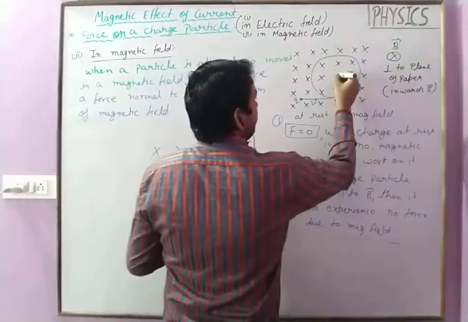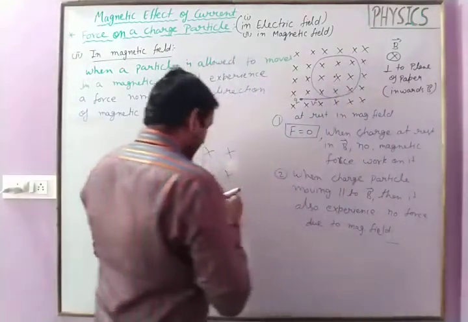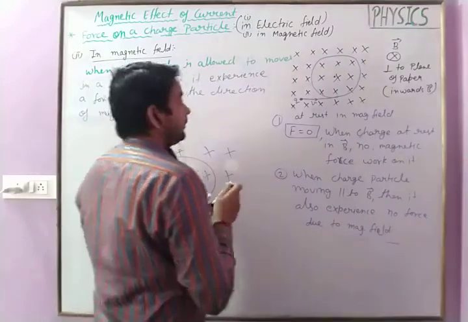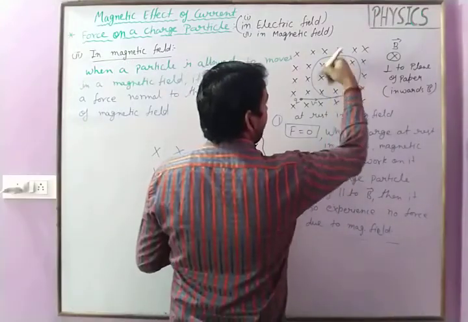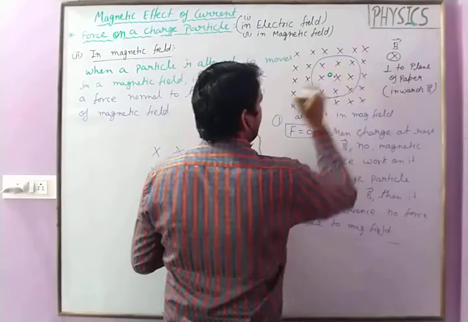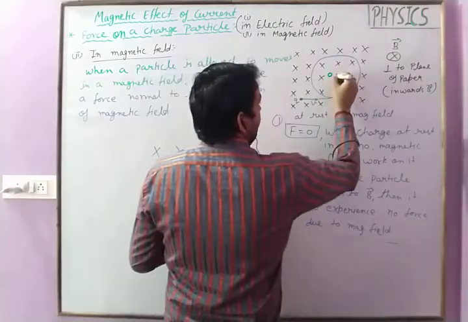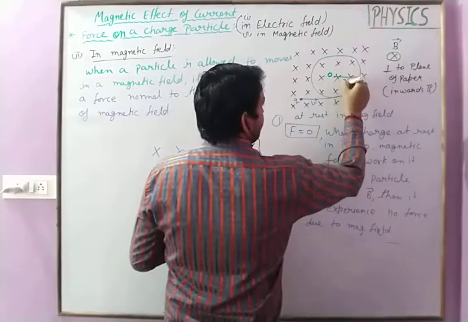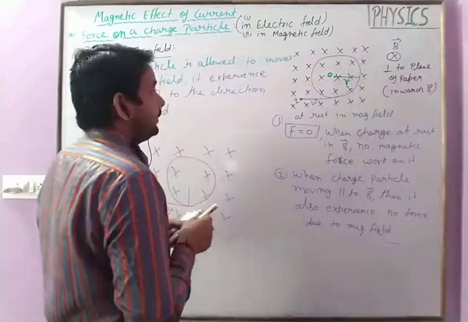Clear? Let the center of its circular path be O, and the radius of the path be small r.